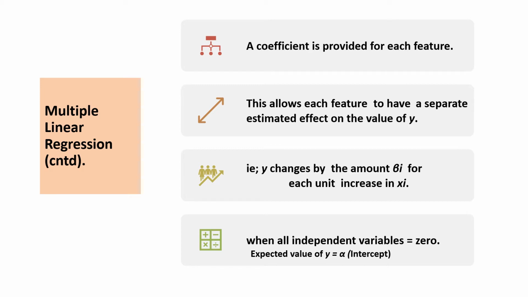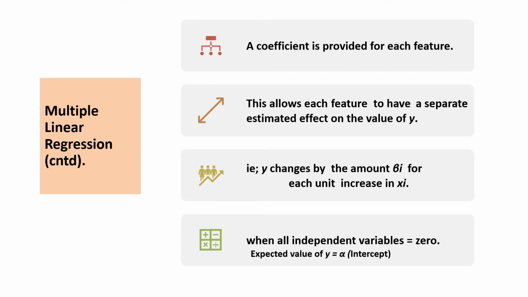For every xi there will be a coefficient beta i, and the value of y will change depending upon the value of xi and the amount specified in beta i. For each unit increase in xi, there is a specified value for beta i, and that change is reflected in the y variable.